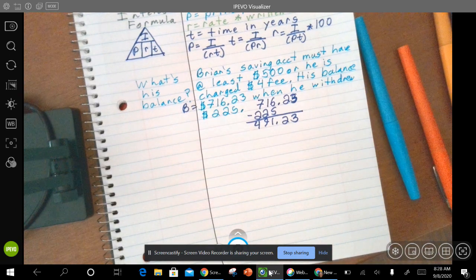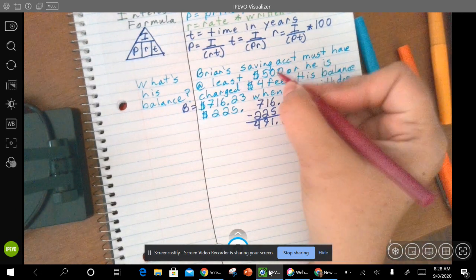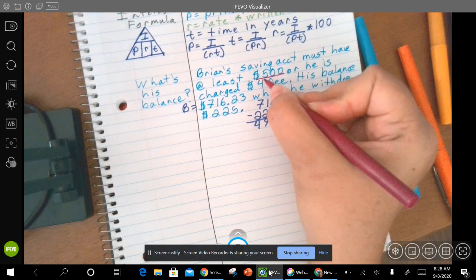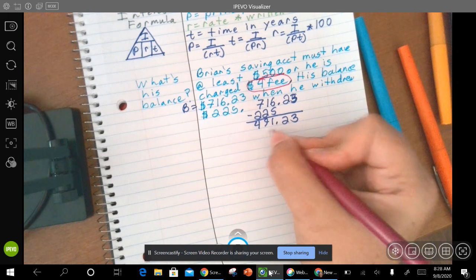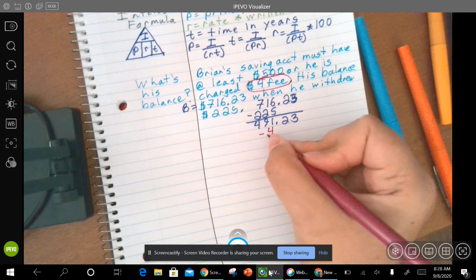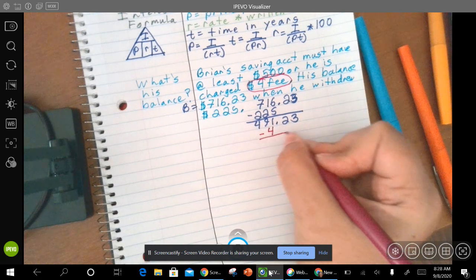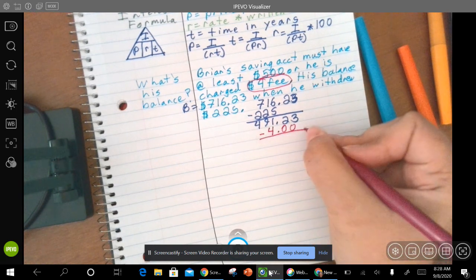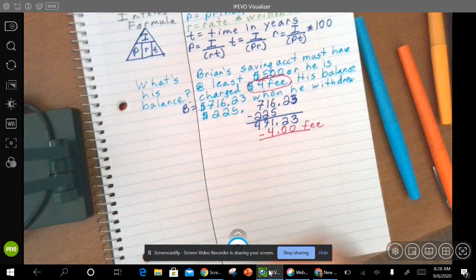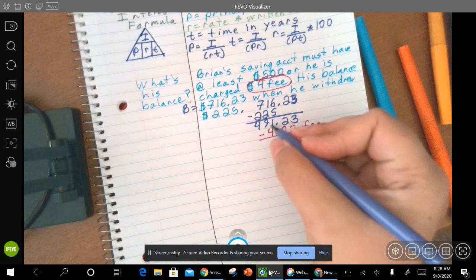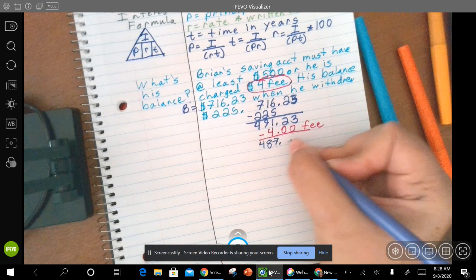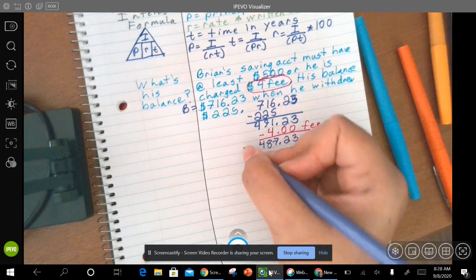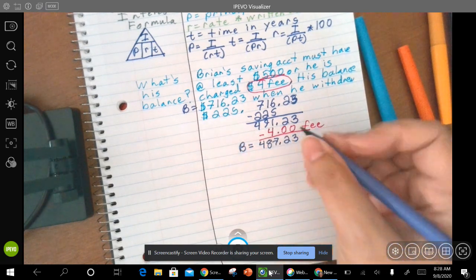Do you all see that? So now he's going to get charged the $4 fee. That's one of the main ways that banks make money, their fees. So subtract the $4, and we get $487.23. That's Brian's new balance.